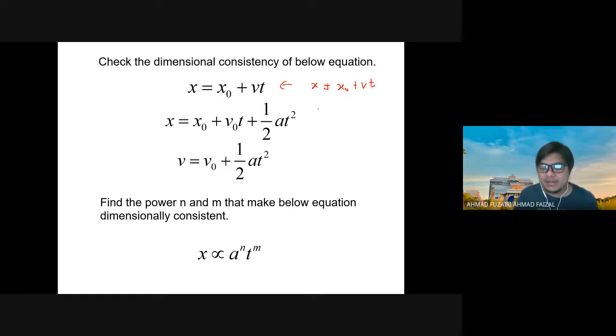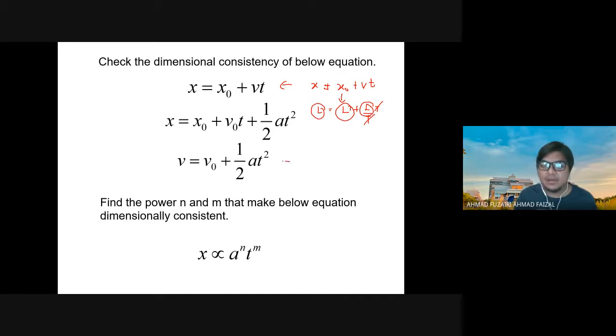So what is x? x is length or displacement, it doesn't matter. So it is L. L equals L under this one. And how about v? v is L over T times T. So you cancel out T. There you can get the left side equal to every place on the right side.